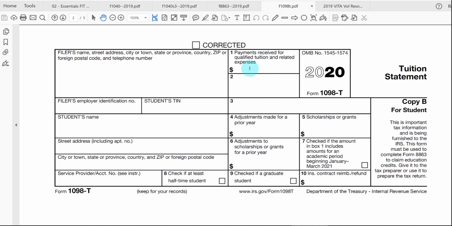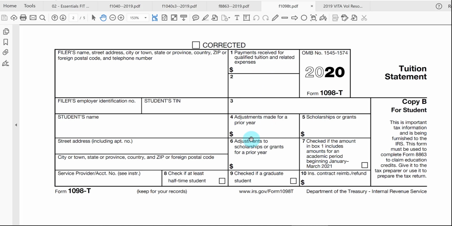You've got to reduce this tuition amount by any scholarship. And then that's going to reduce the cost and eventually reduce the credit we're going to be calculating.